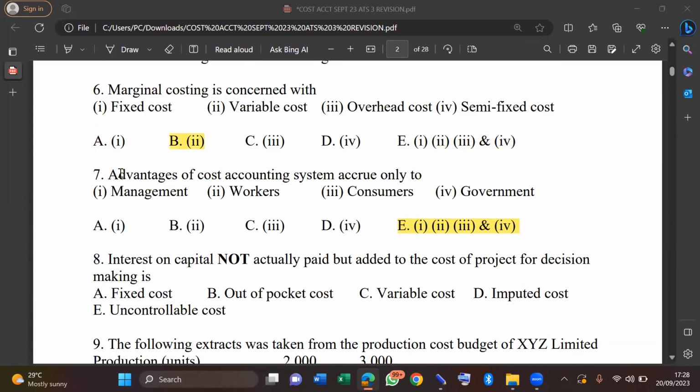They said the advantage of the cost accounting system goes only to who? Yes, it goes to the management, it goes to the workers, it goes to the consumer, it goes to the government.